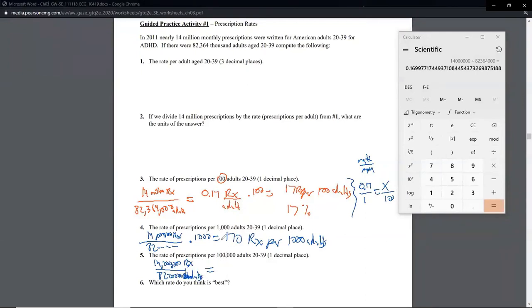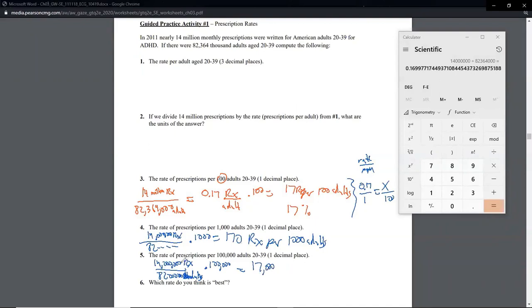Even my handwriting is not this bad on a whiteboard. This looks terrible. And then you're going to multiply it, sorry, not equals. Do times 100,000. And some people would have this answer as 17,000. And then it would be prescriptions per 100,000 adults.